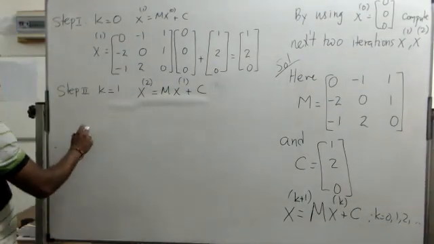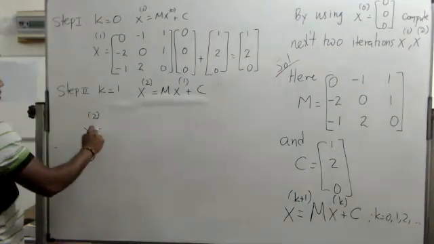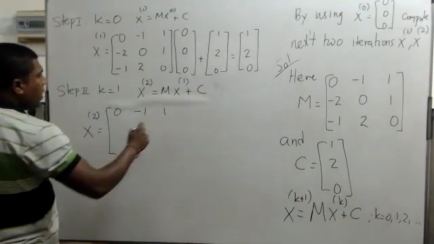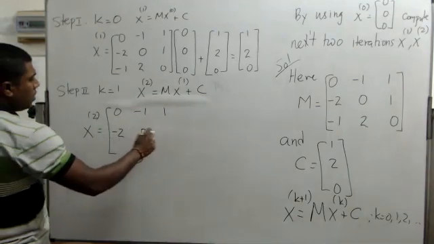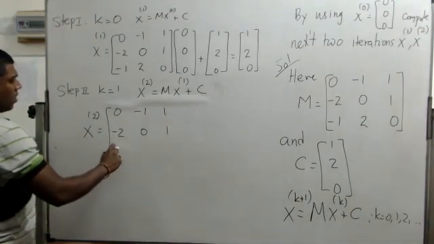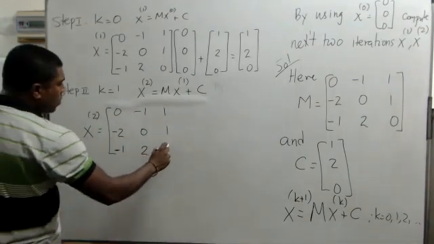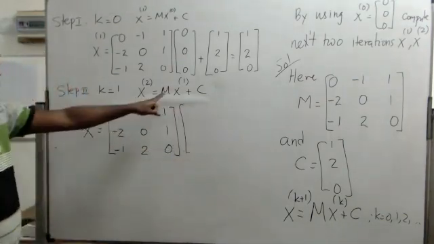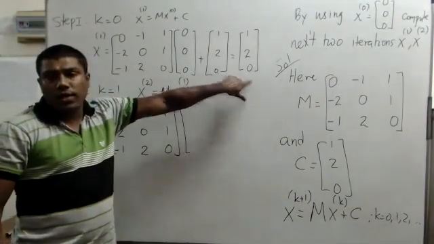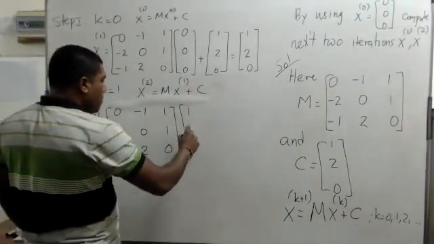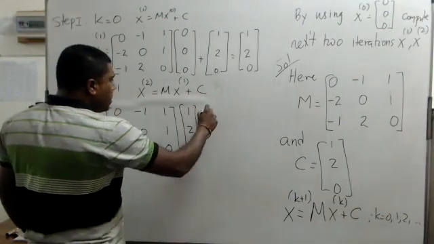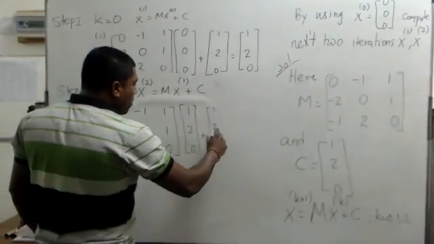So your x2 is going to be M, so 0, minus 1, 1; minus 2, 0, 1; minus 1, 2, 0, times x1, that is this, 1, 2, 0, plus c, that is again 1, 2, 0.